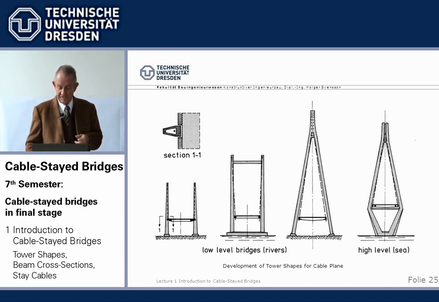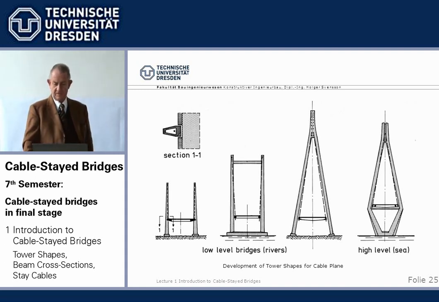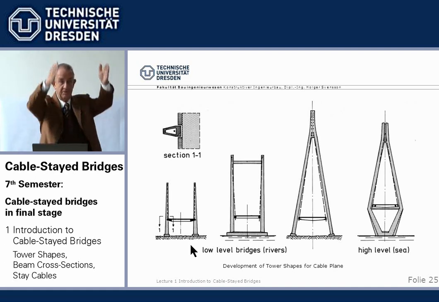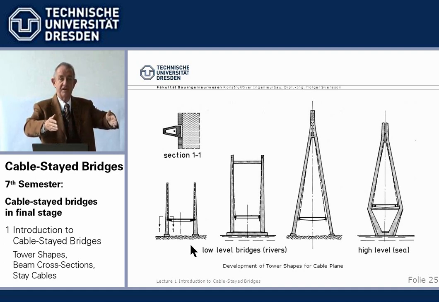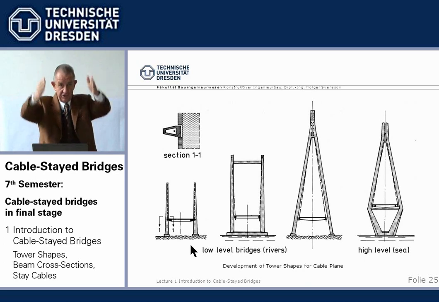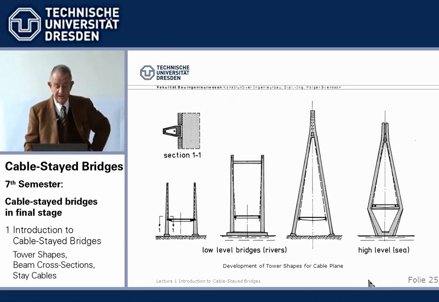We have to consider the cable planes. We can hang the beam up with two cable planes, one at each outside, or with one in the middle, which we call one cable plane. If we have the usual two cable planes at the outside, then for short spans and low towers, we can use just posts.